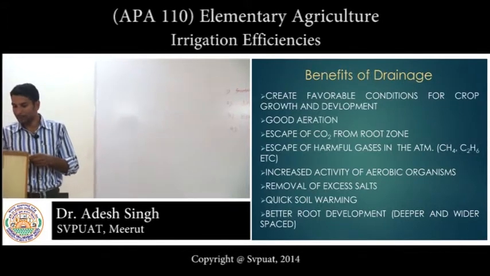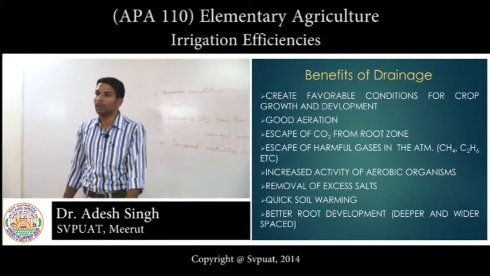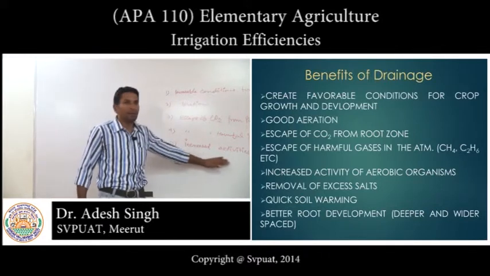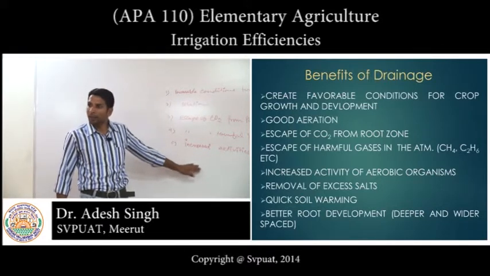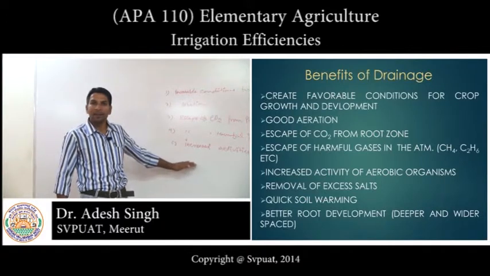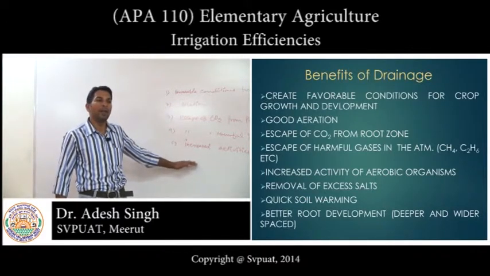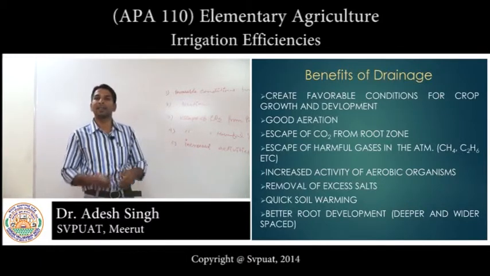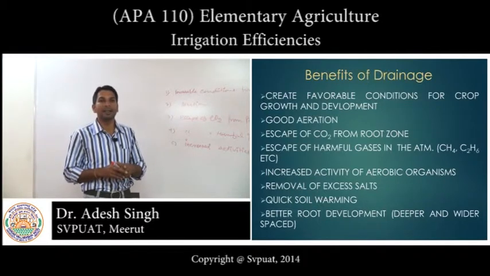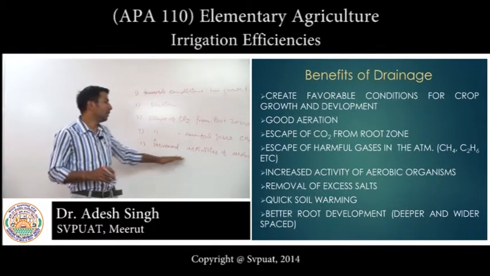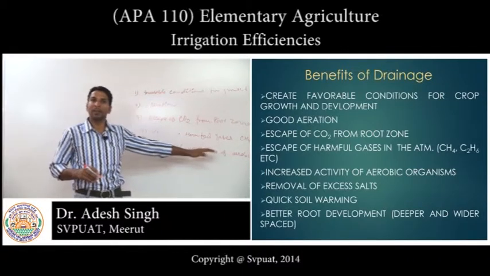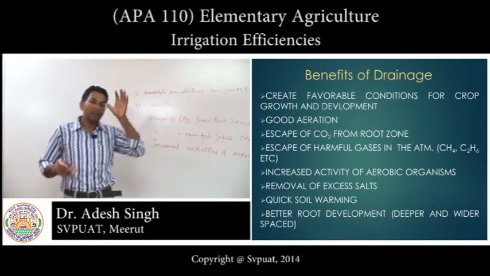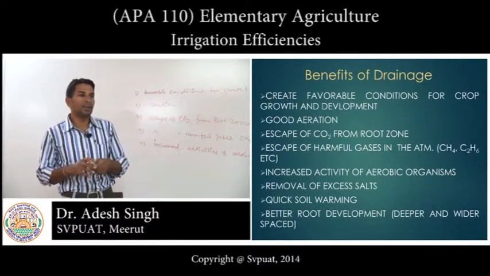Then another is the increased activity of the aerobic microorganisms, because in the soil certain microorganisms function in ample, or you can say optimum, supply of aeration. Clear? So these are known as aerobic microorganisms. The functioning is good when there is proper aeration, because they help in the transformation of various nutrients.